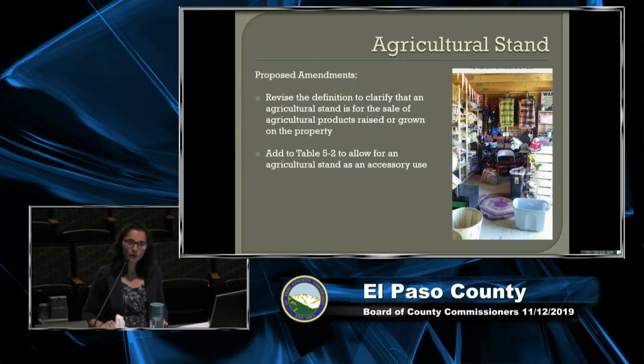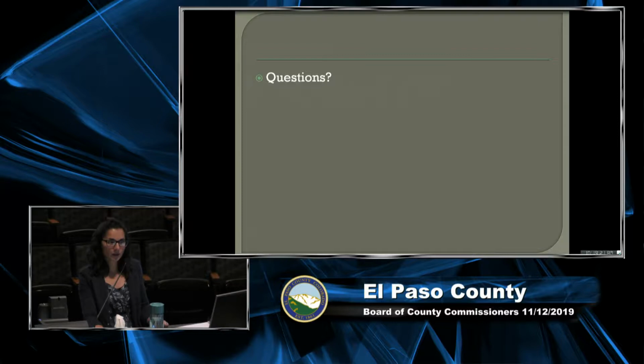So we thought we should probably clean this up a little bit so we don't end up with a retail store instead of an agricultural stand. We're proposing to revise the definition so that it's for the sale of agricultural products raised or grown on the property, to clarify, and then also proposing to add into Table 5-2 an agricultural stand so that it can be an accessory use and not just a principal use. Are there any questions about agricultural stands?